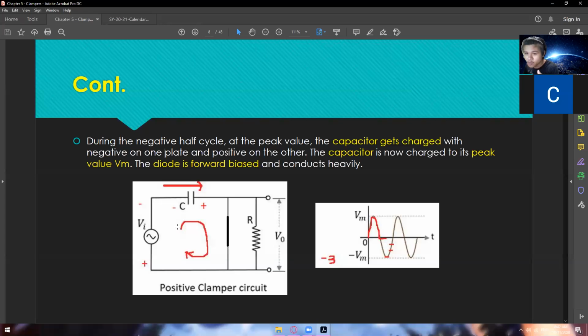How will you know which side is negative and which is positive? Listen carefully. We have negative half cycles, negative here and then positive here. So it will charge this capacitor negatively, and we'll leave the other side positive.